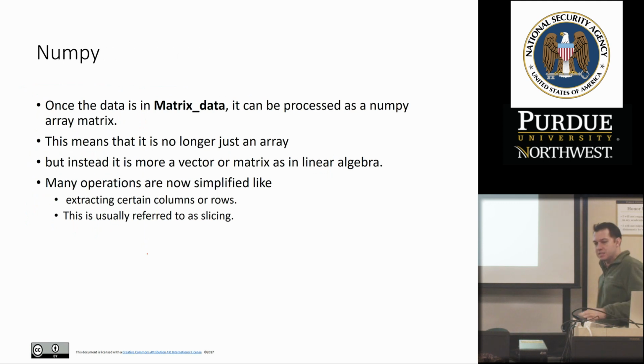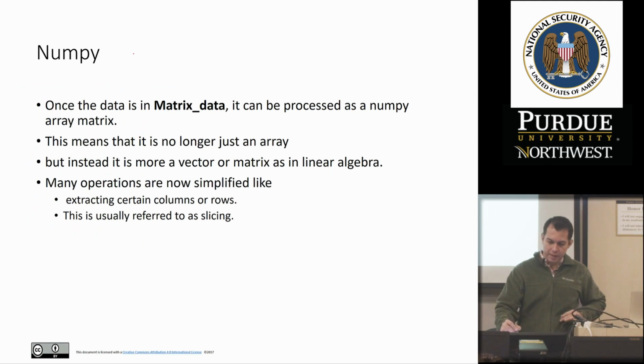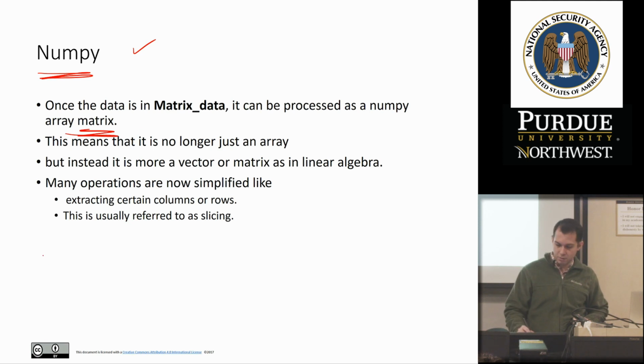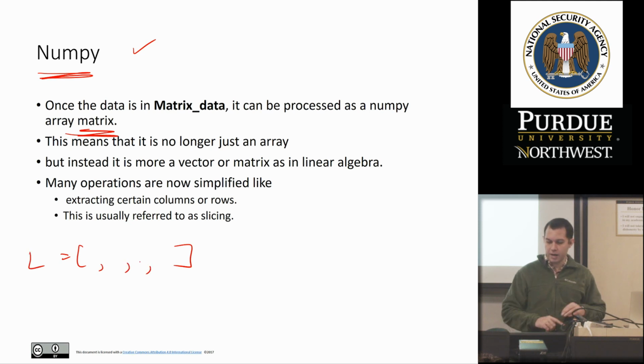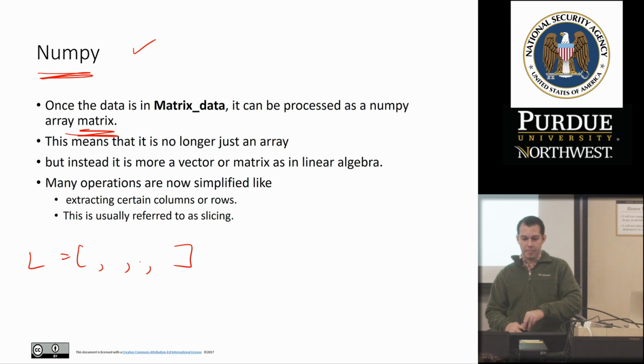So to process data, one important library in Python is something called Numpy. Once the data is in matrix data, which is a variable, it can be processed as a Numpy array matrix. So what does that mean? If you've used Python before, you're familiar with using lists, right? So you create a list of values, L, comma separated, and it's basically a data structure, like an array.